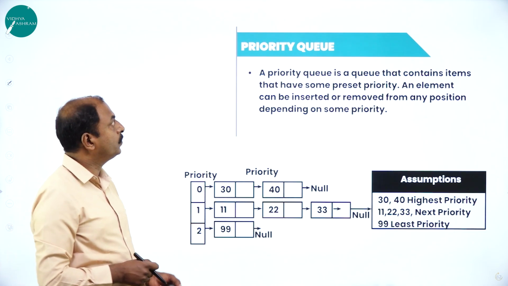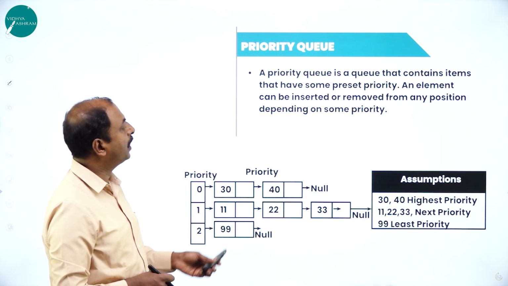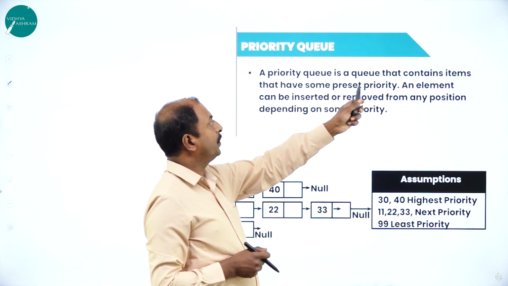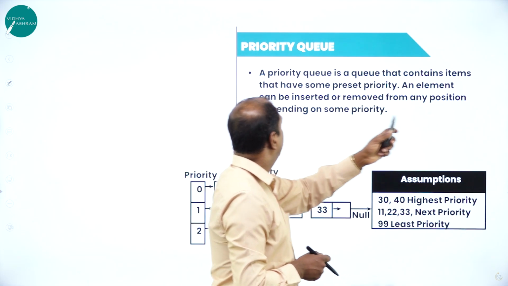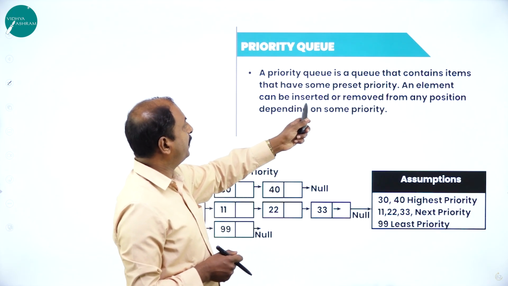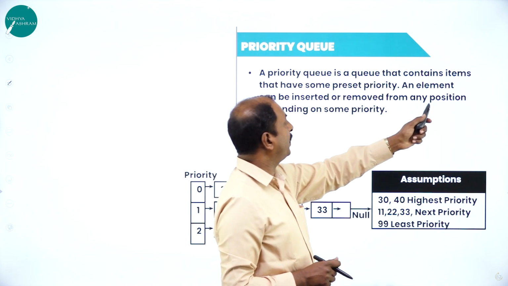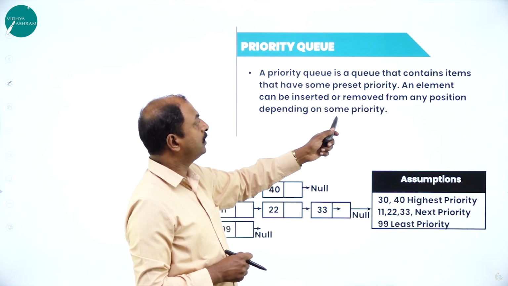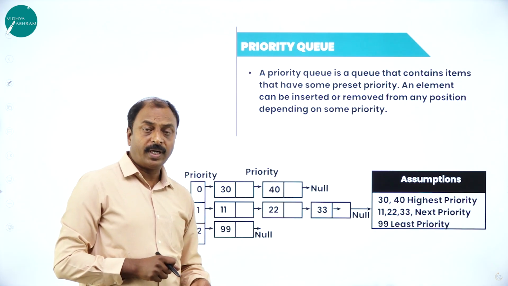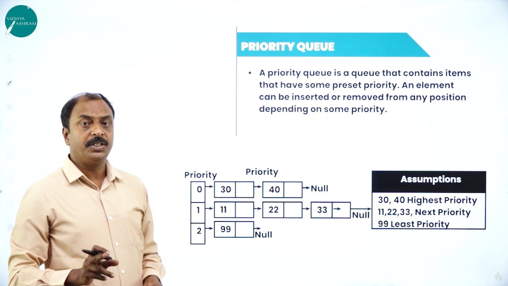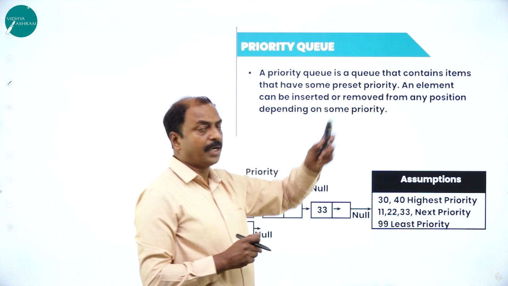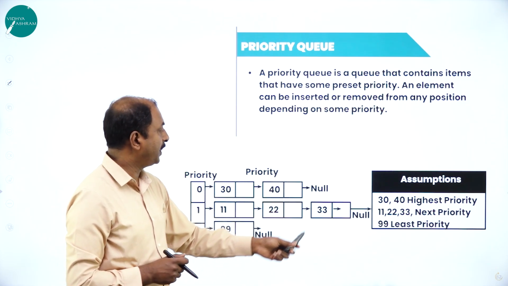Next we move on to another queue, that is the priority queue. Here the definition is that a priority queue is a queue that contains items that have some preset priority. An element can be inserted or removed from any position depending on some priority. It is another type of queue where insertion and deletion can take place based on preset priority. This is an example here.